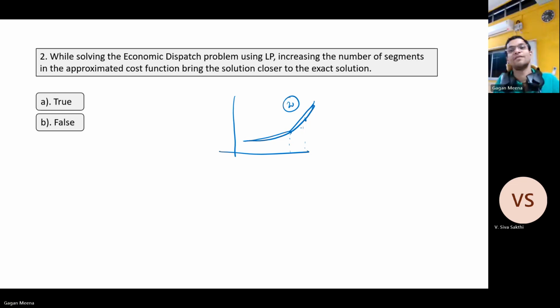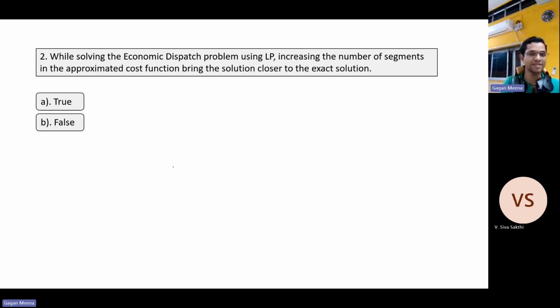Let's say there are 3 segments or 4 segments. For 2 segments, if the solution is this, then the error is 0. And if you make 3 segments, then in that case, if the solution was this, the error would not have been 0. So although the number of steps has increased from 2 to 3, the solution is not closer to the exact solution. It's not a generic statement, especially for a lesser number of segments. This does not hold true.